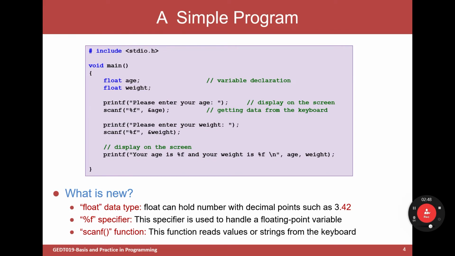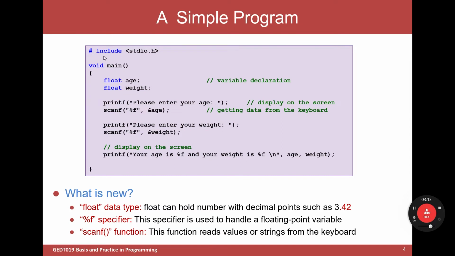Let's see this example, and then I will show you how to run it in software like Code::Blocks or Visual Studio. As you see, there are some new things here.